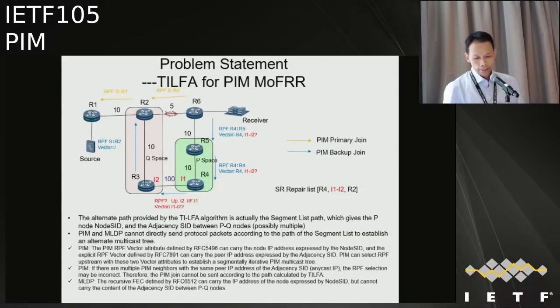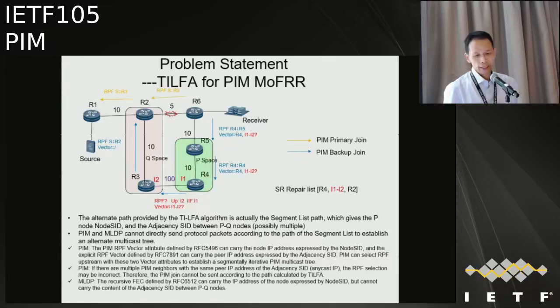There is a PIM vector attribute that can carry the explicit point that a PIM join can go through. So in this example, R6 can add a vector attribute of R4 and R3 to establish the backup path.